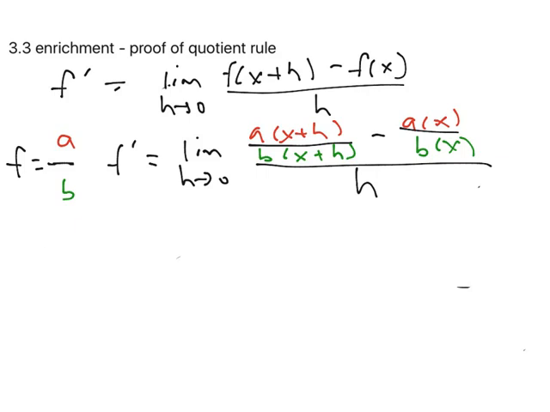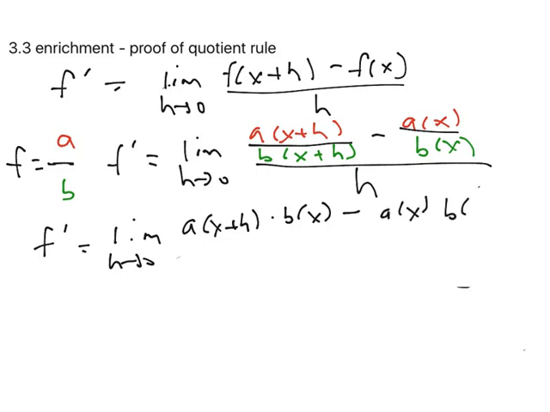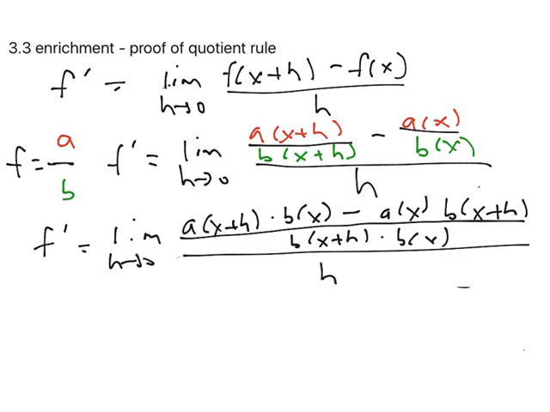When we subtract the fractions, we multiply the first term by b of x on top and bottom, and multiply the second term by b of x plus h on top and bottom. We will end up with a of x plus h times b of x minus a of x times b of x plus h over b of x plus h times b of x, all of that over h.